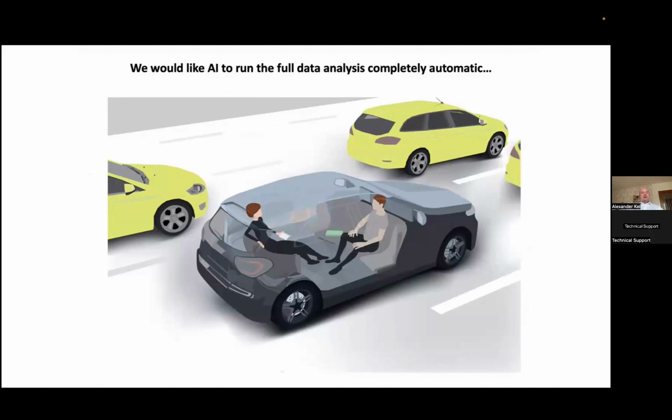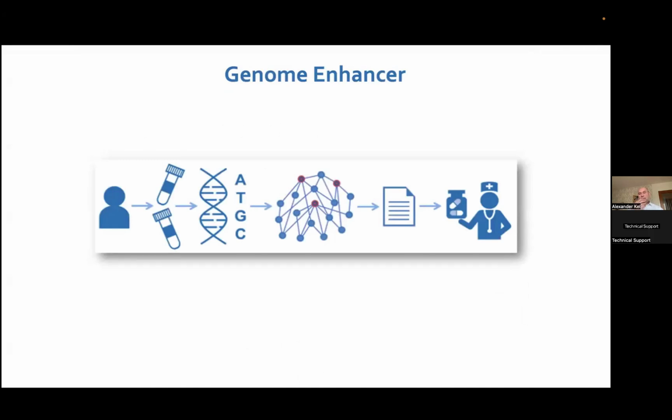Basically, it's a dream of having an automatic car, which drives you to the place where you want to go. So the same way we created a system, we call it Genome Enhancer, where you just drop your omics data of various types, and then it works automatically. It analyzes those data, predicts binding sites, predicts clusters of binding sites.